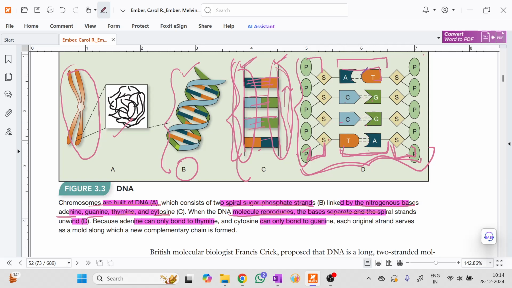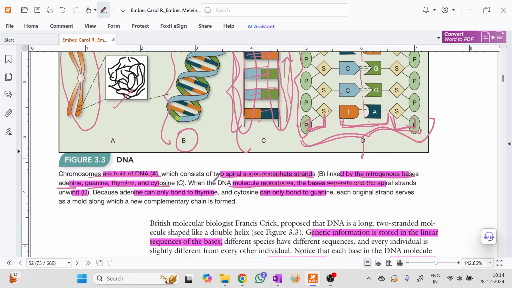During reproduction, the bonds between these bases get separated, and the DNA is unwound. And because adenine can only bind to thymine and cytosine only to guanine, each original strand serves as a mold upon which a new complementary chain is formed. We will discuss further in later chapters how complementary chains are formed.